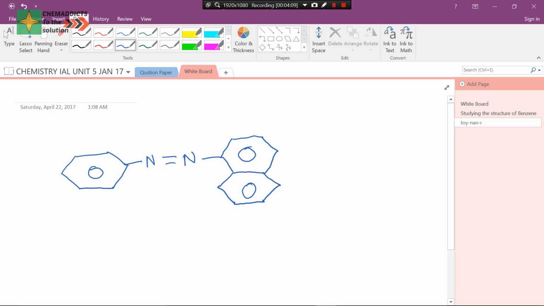So in here it has got one benzene ring. This nitrogen over here has one benzene ring, but this nitrogen over here has two benzene rings. Oh wait, there is another OH group.